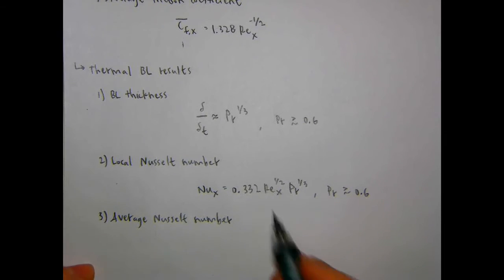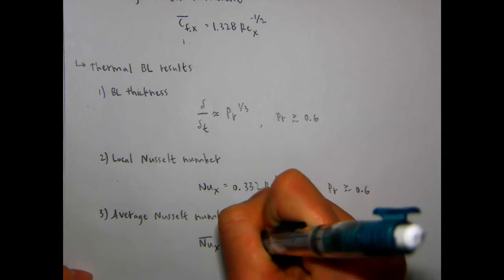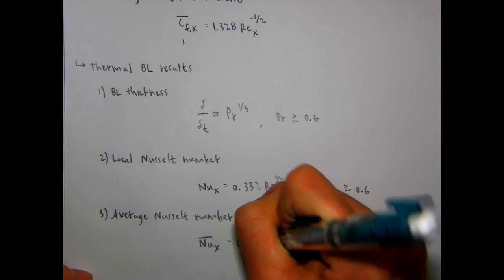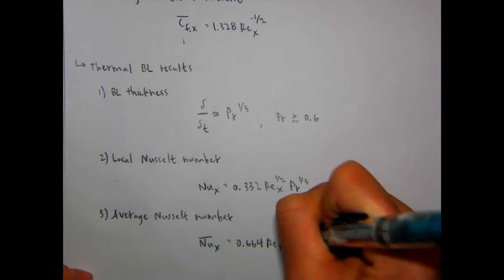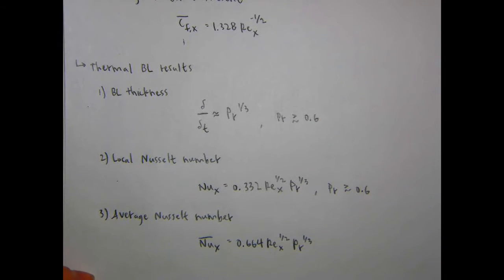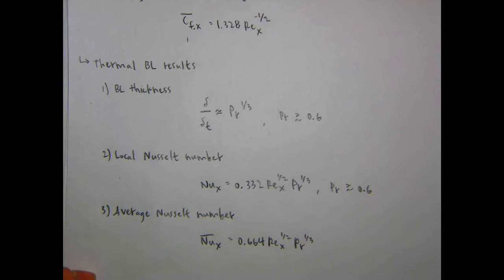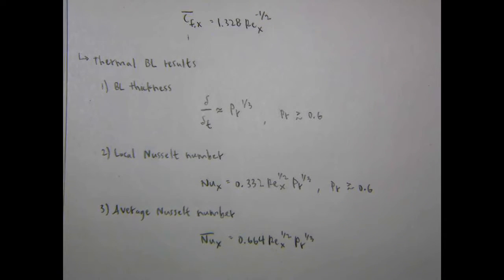So when you're specifying an x here to calculate the Reynolds number for the average Nusselt number, let's write this down first. Average Nusselt number, 0.664, Reynolds number to the 1/2, Prandtl number to the 1/3. You have to specify an x to calculate the Reynolds number, because it has the length dimension in it.